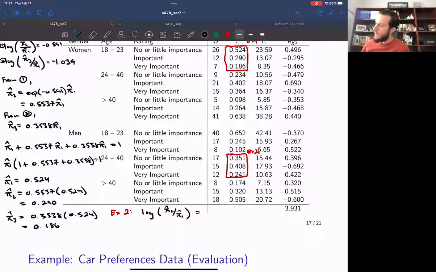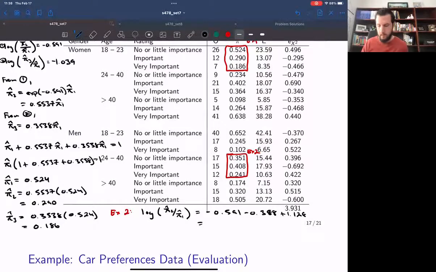So we have x1 equal to 1, x2 equal to 1, and x3 equal to 0. This will be negative 0.591 minus 0.388 plus 1.128.